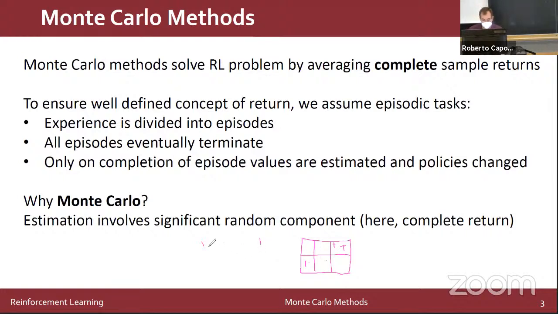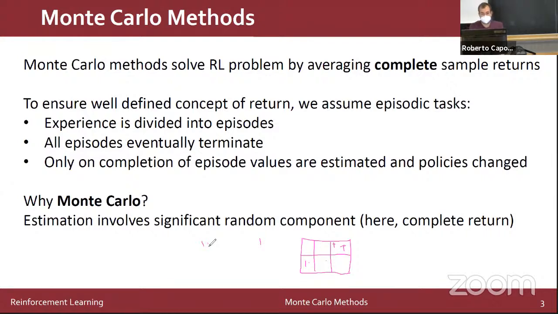From this trajectory, for every state that the agent has visited, I can compute a return. How do I compute a return for each of these states? I look at all the rewards that come after that state. I forget what happens before, and I look at what happens after that state and sum the rewards that come after.